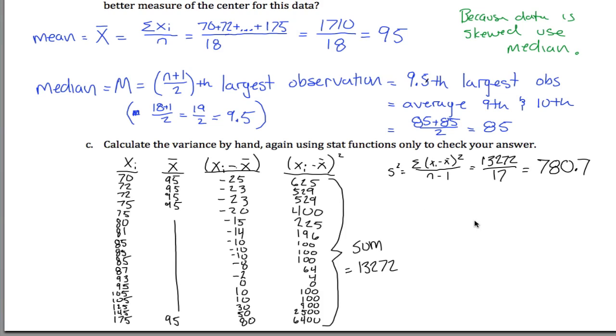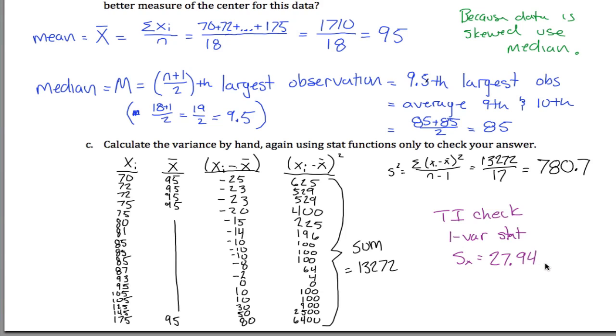You can check this with your calculator. Maybe I'll write that down here. I should change color. If you do one variable statistics on all this data, what you'll get is that the standard deviation, which they write like this in the calculator, is 27.94-ish.